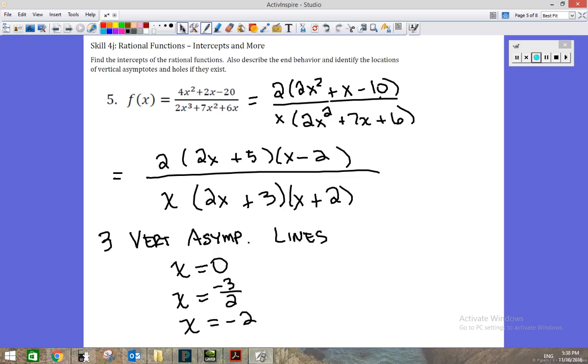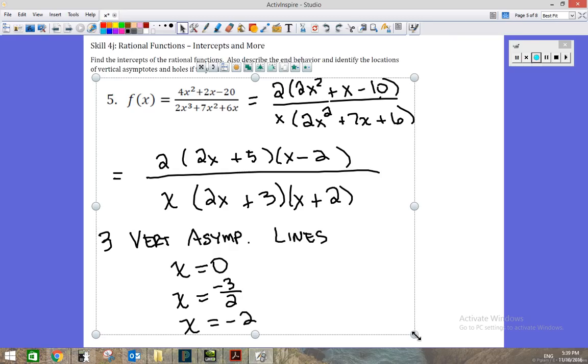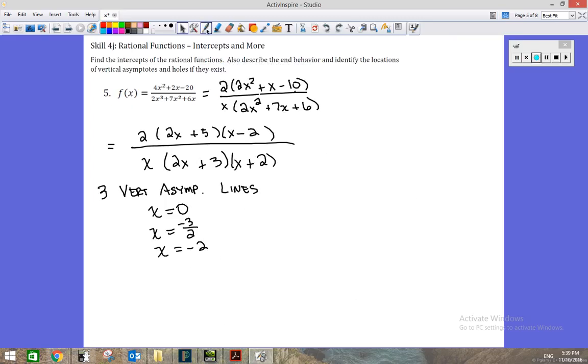Now, it doesn't have any holes. There were no common factors that canceled. So we have no holes in the graph. Hope that helps.